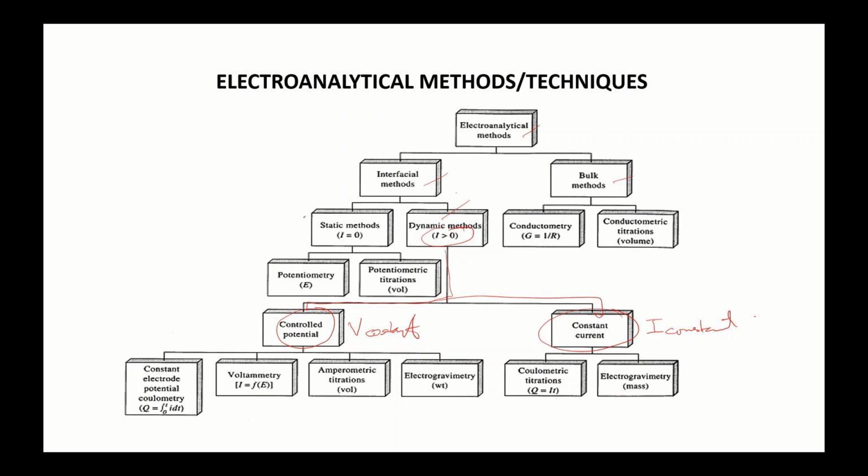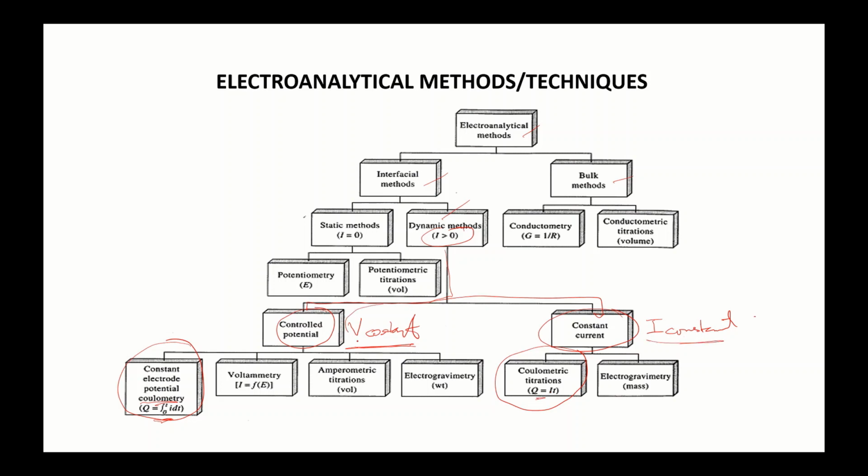Okay, so under V constant, there is one method which is called coulometry. You just apply a constant potential and you measure the current with time, as well as, on this side, coulometric titration, where you just apply constant current.